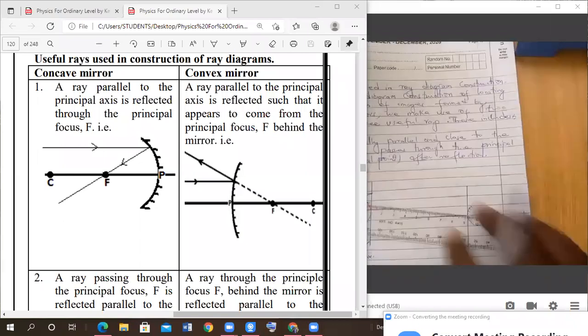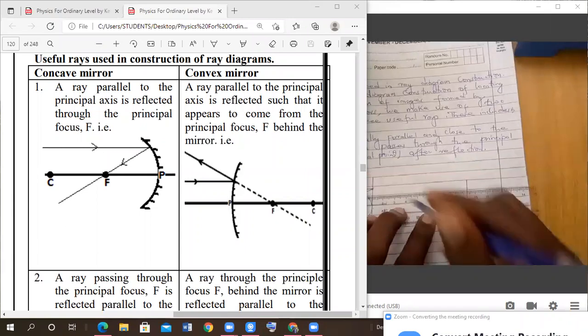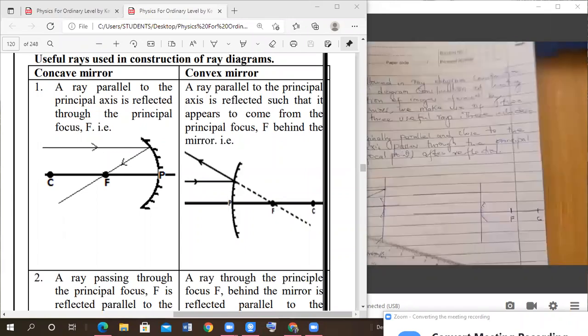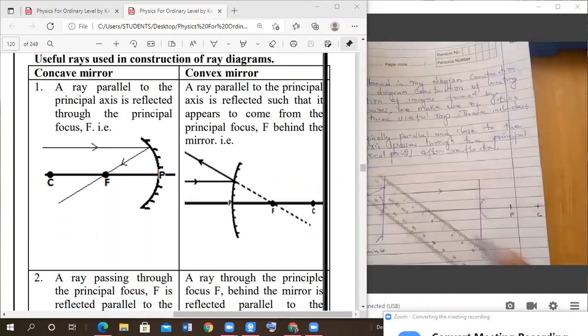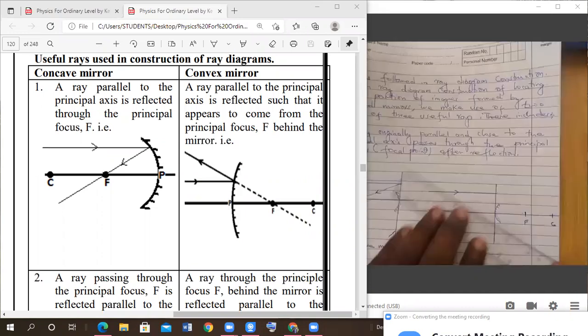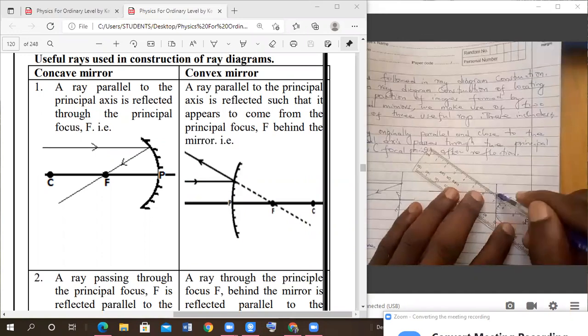So if you have a ray of light parallel to the principal axis like this, we know that convex mirrors, what do they do? Members, what do they do? Do they converge or diverge? They diverge. So you find that it will come like this. It will be reflected from this point.